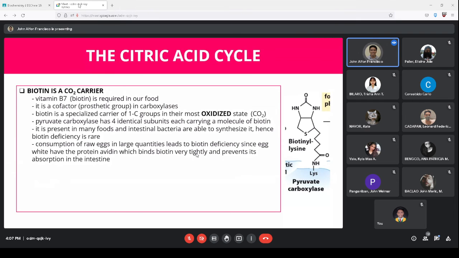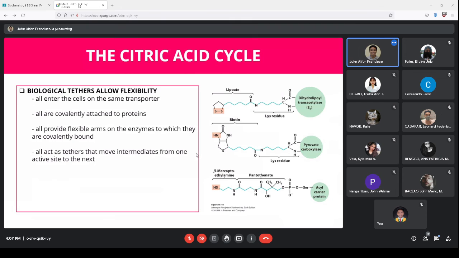Okay? So, ayan. Another important part of the citric acid cycle is the biological tethers that allow the flexibility of your component. This allows the transportation of either proton or carbon dioxide.